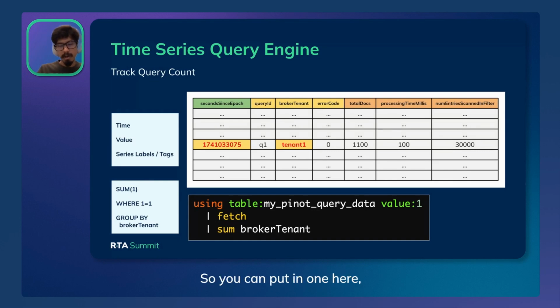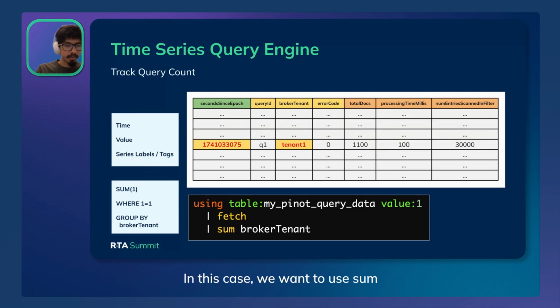So you can put in one here, you can put in an expression here, and that will become the value for that particular row. For example, you can put in a column name also here, like it could be total dogs, for example, in the value tag here. Then you can put in your filters to filter out certain rows, and you then specify what aggregation function you want to use.